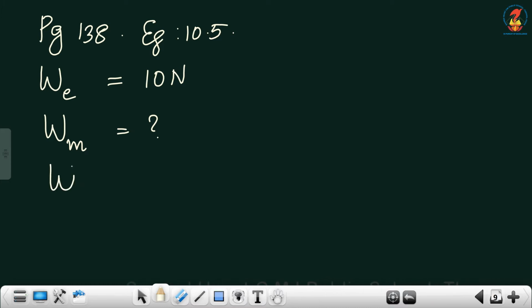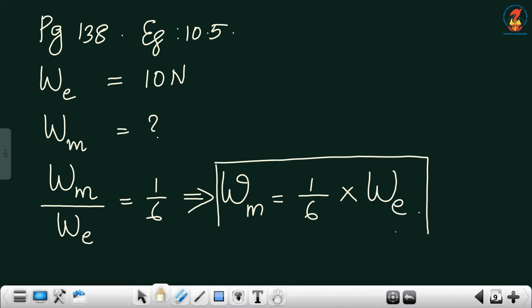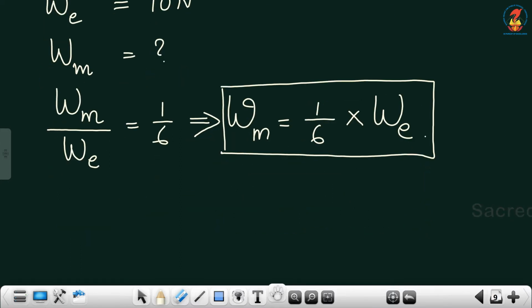And you have an equation that Wm by We is equal to 1 by 6, or Wm is 1 by 6 times the weight of the object on earth. You have learnt an equation like this in the previous session. So using this equation, we can find the weight of an object on the surface of moon.